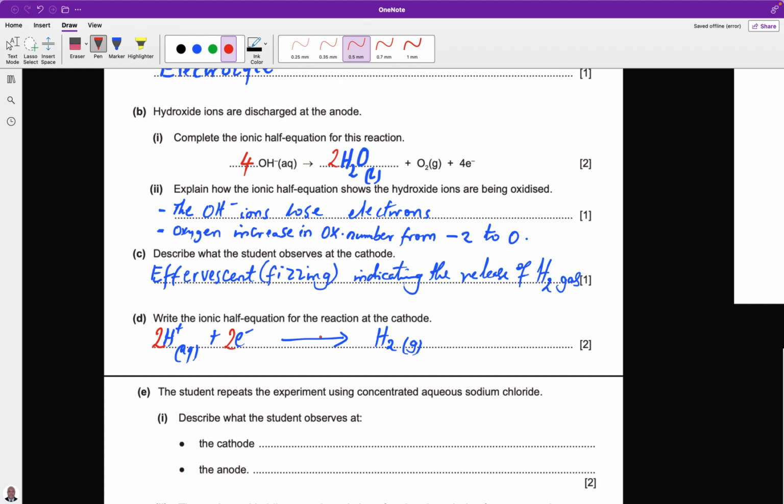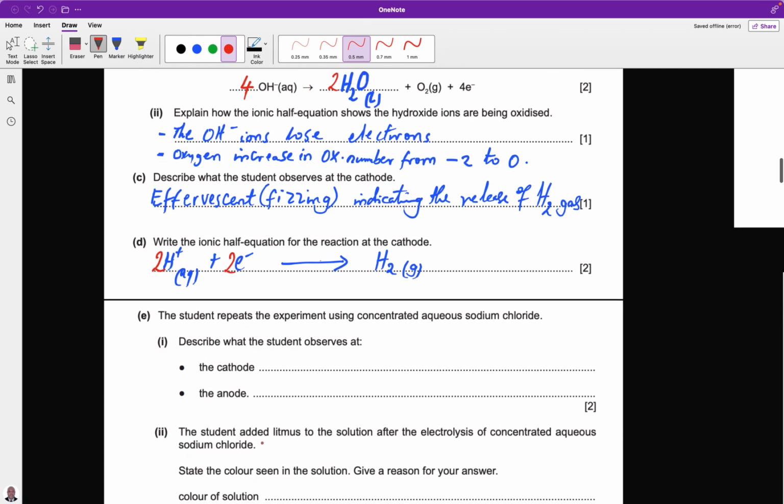So now, at the cathode, what will be observed is that there will still be fizzing or bubbles of gas. Because it is concentrated, what is going to be released at the anode?